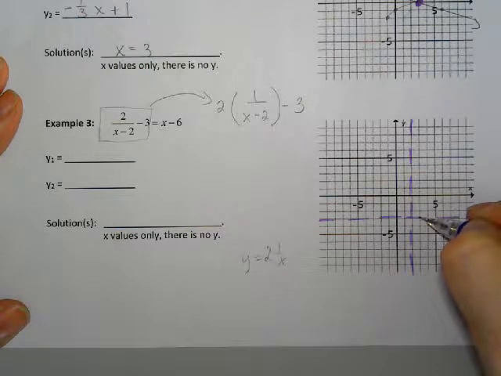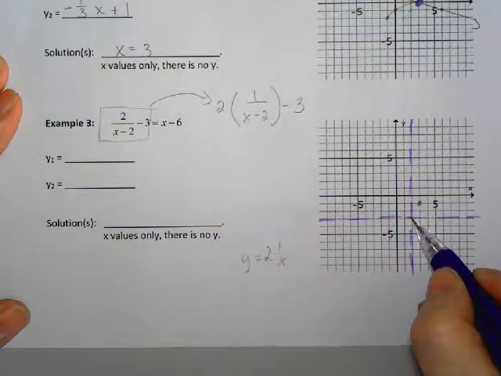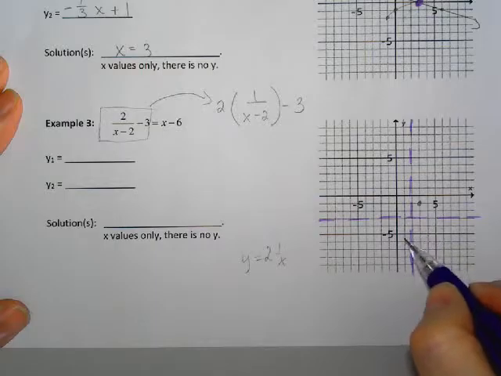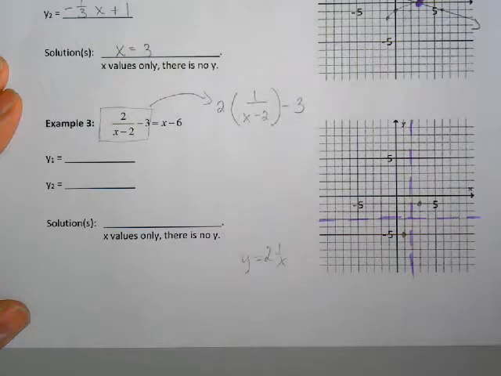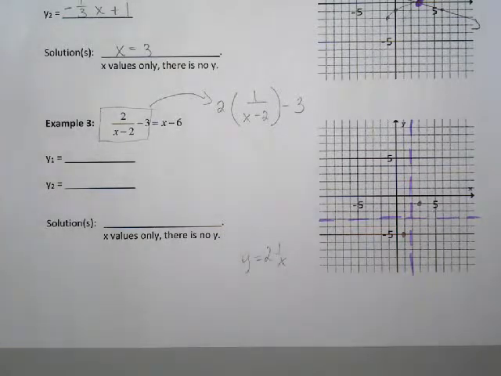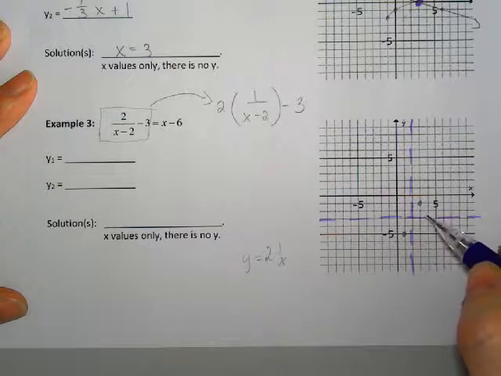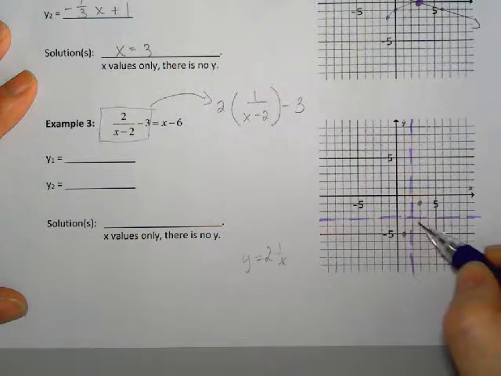So I'm going to use that same pattern in both directions according to where my asymptotes are.